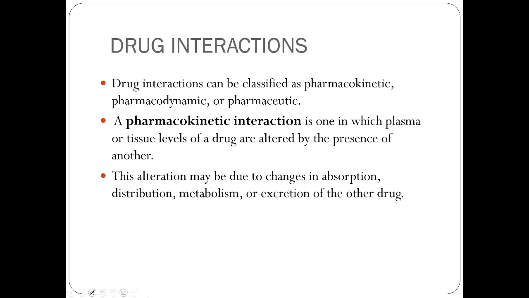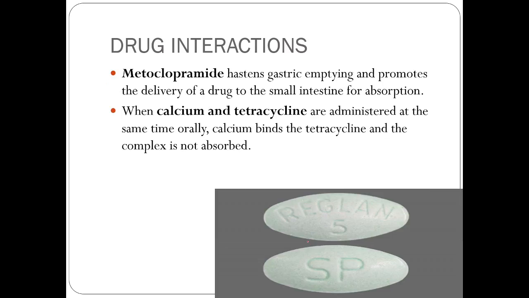So pharmacokinetic, again, plasma or tissue levels of a drug are altered by the presence of the other, and it's changes in absorption, distribution, metabolism, or excretion of the other drug. Metoclopramide, for instance, this is Reglan, hastens gastric emptying and promotes the delivery of drug to the small intestine for absorption. So that's a good thing.